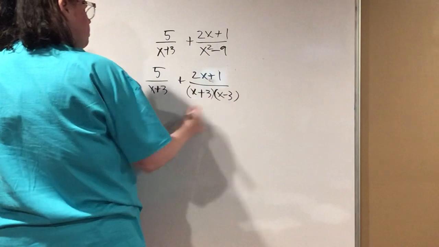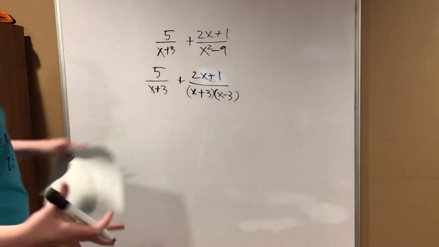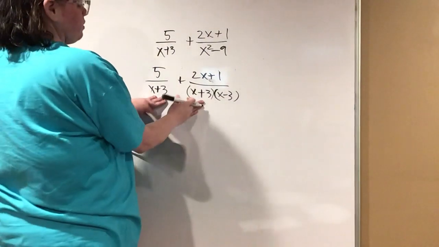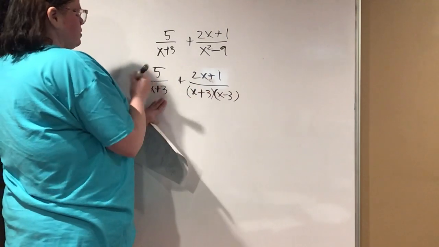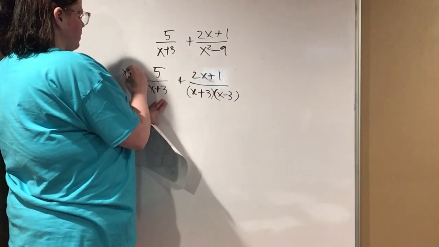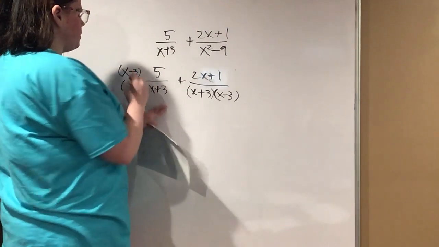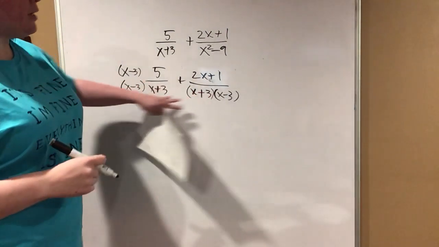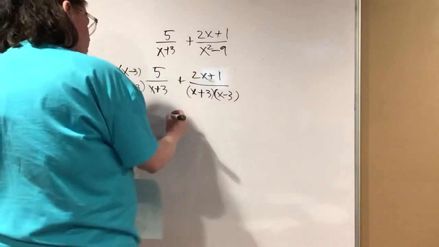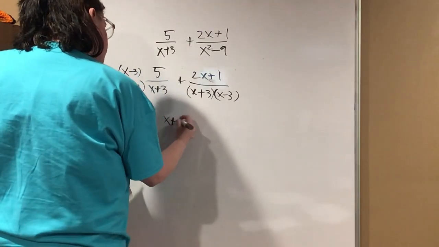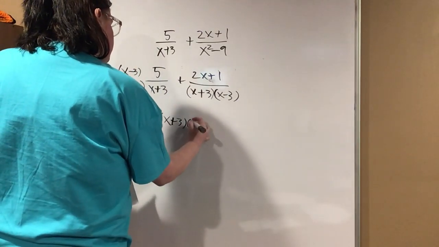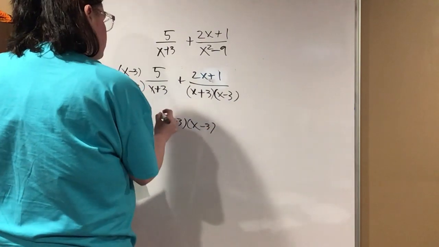What's our least common denominator? It's x plus 3 times x minus 3, so we don't have to multiply the second by anything. I need to multiply the first side by x minus 3, top and bottom, to get this to match. So now the bottoms are matching, and they are x plus 3, x minus 3.